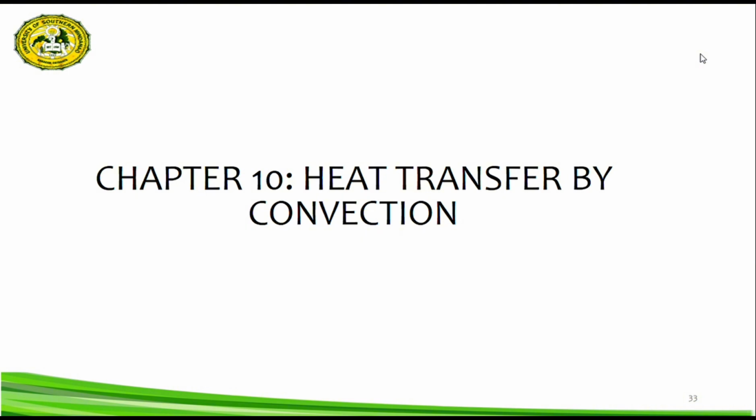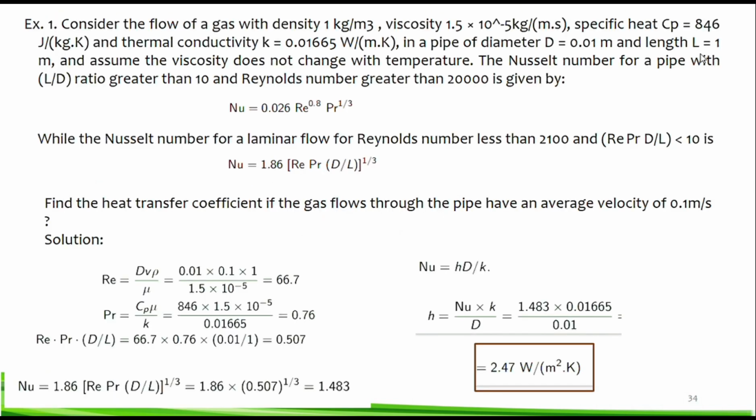So for more understanding, let's solve a problem regarding heat transfer by convection. Example number 1.